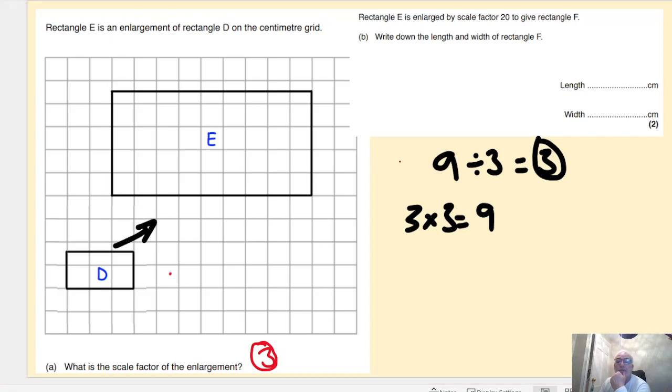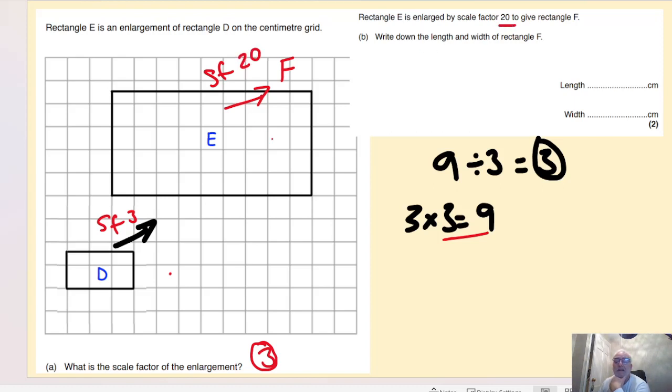Okay, let's look at the next one. So, rectangle E is enlarged by scale factor 20 to give rectangle F. Write down the length and width of rectangle F. Now, we've got to think we've gone from D to E, and that's a scale factor of 3, and now go E to F, and that's a scale factor of, let's look up here, scale factor of 20.